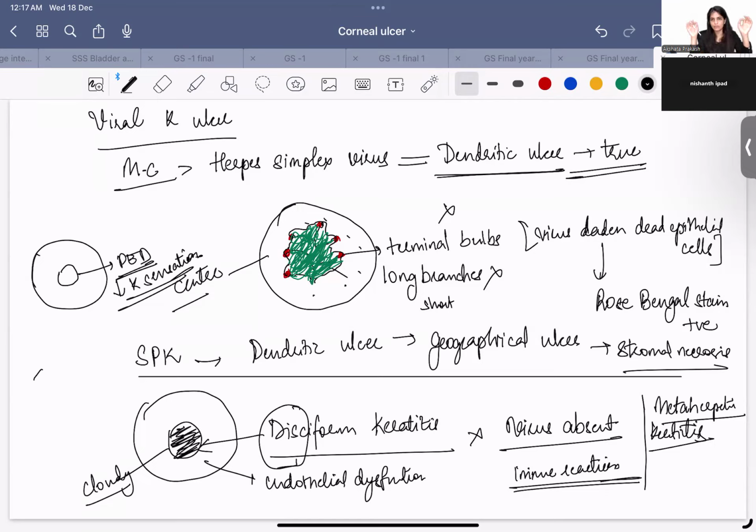Okay. After this, we will move on to protozoal, that is your acanthamoeba, that is your last corneal ulcer. Protozoal corneal ulcer. The only name that comes to your mind should be acanthamoeba.